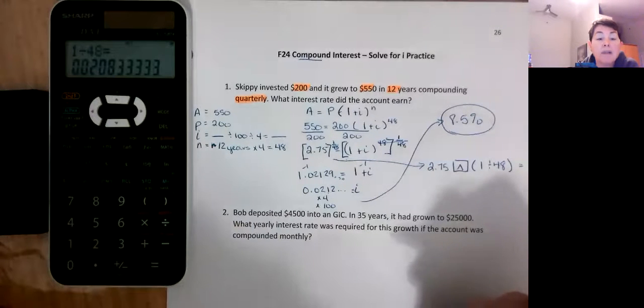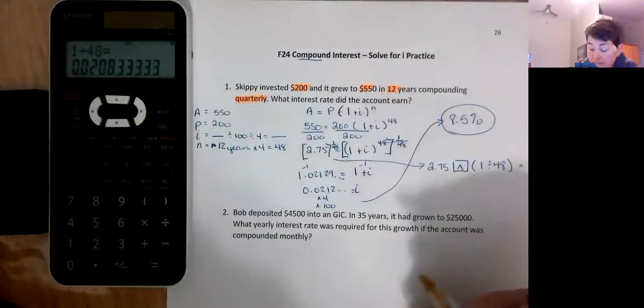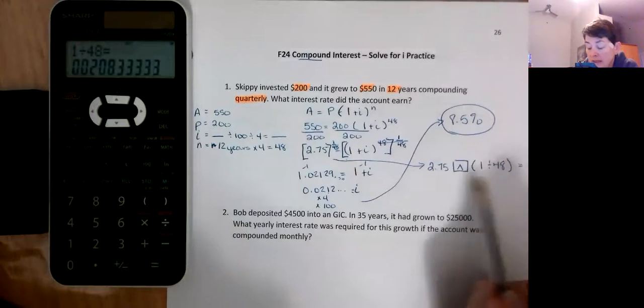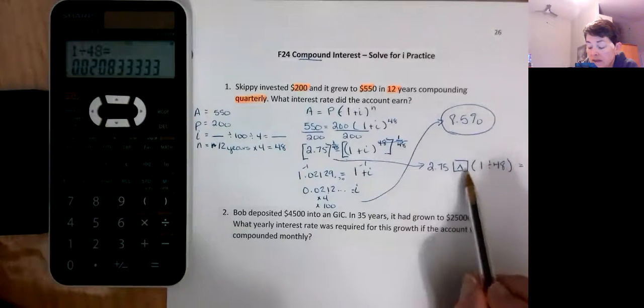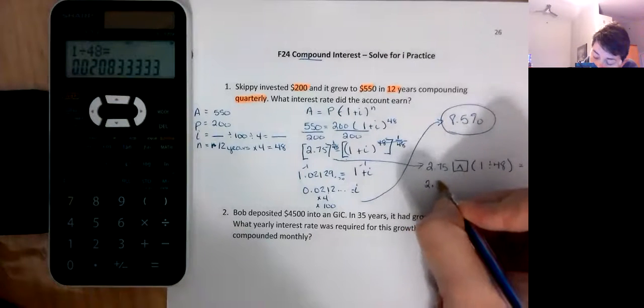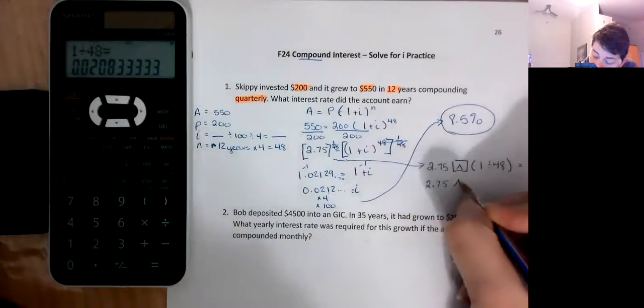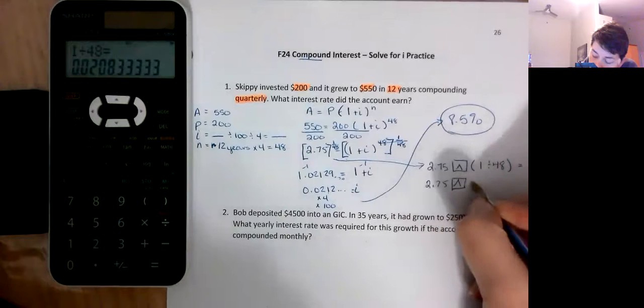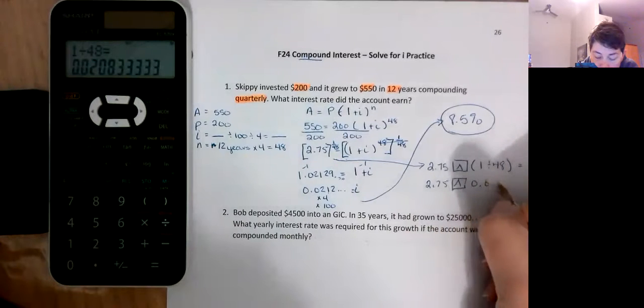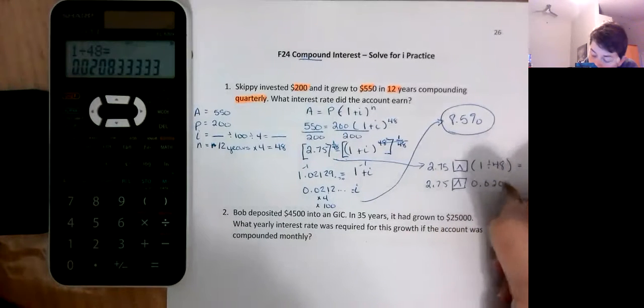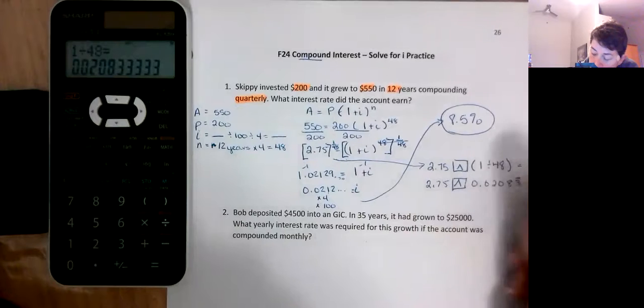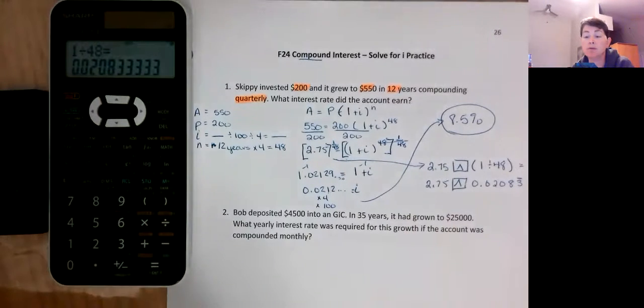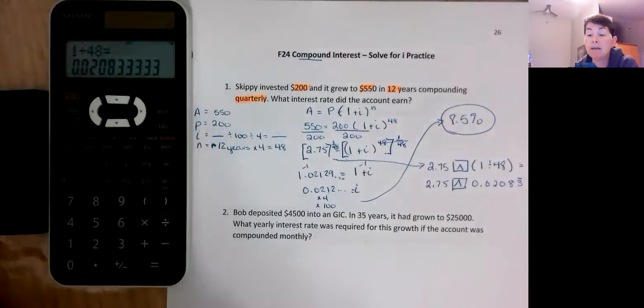Ooh, I was hoping that wouldn't be a big long decimal. You could just write that down and go 2.75 and then caret or exponent 0.0208 repeating. Either one of those is cool. Whatever makes more sense to you. Either way, you're going to get the same answer as me.